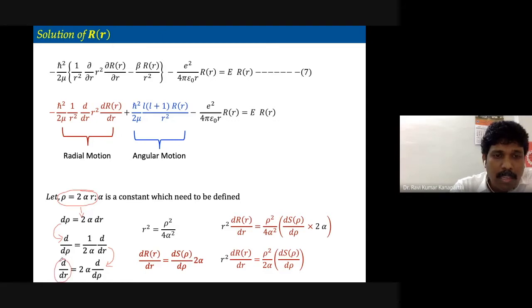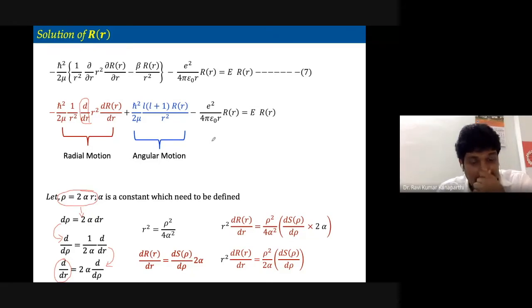Because d by dr is present in my equation. So I am trying to evaluate what is required so that this equation will be transformed into a function of rho. When you make a substitution, naturally the equation will transform into the new parameter. So we have to evaluate exactly the terms which are present. So d by dr is equal to 2 alpha times d by d rho.